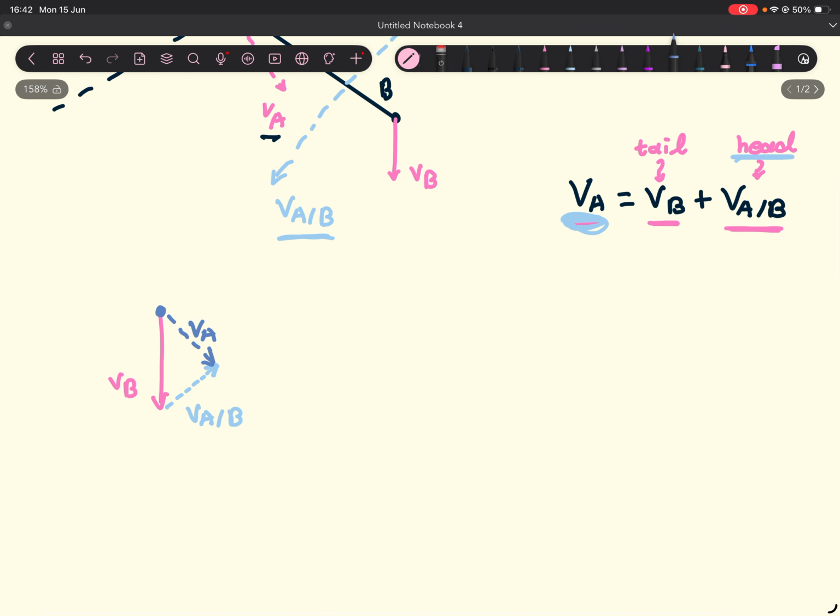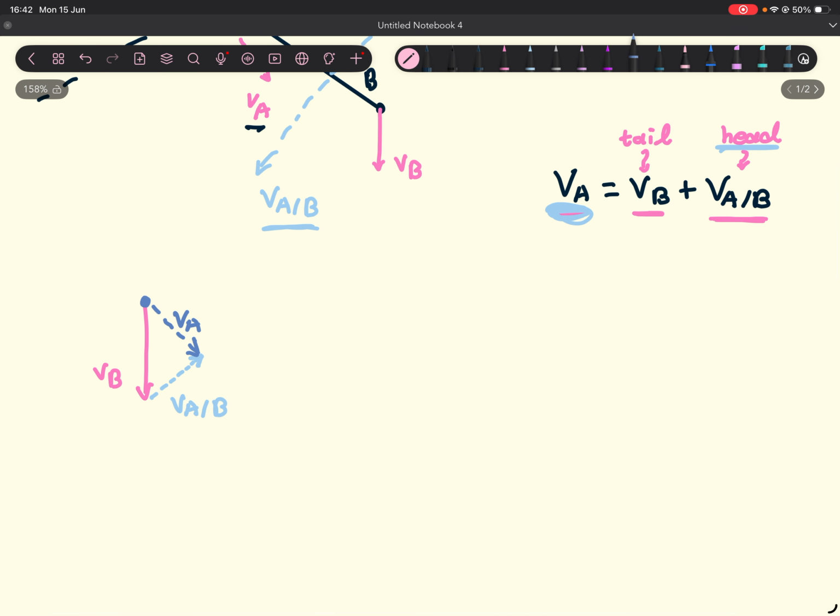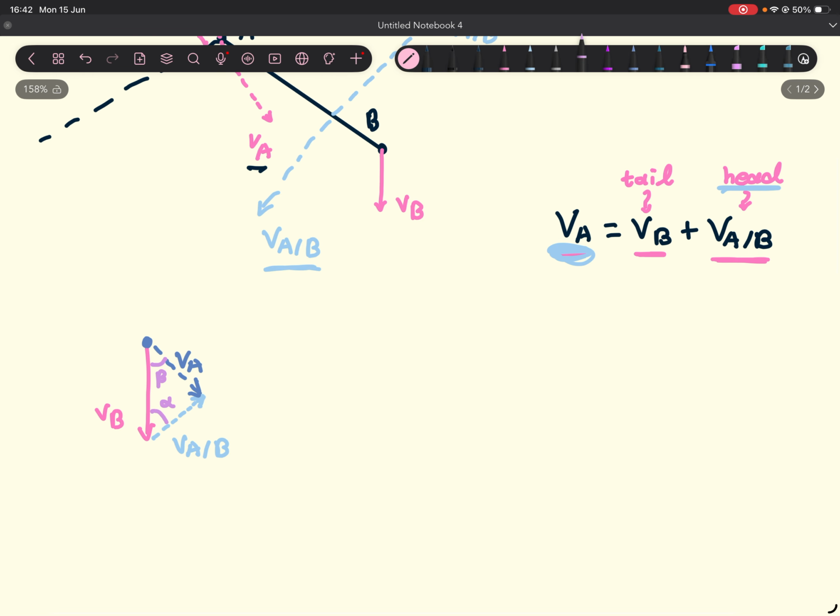Okay, so I'm first going to define angles that are made between one vector and a vector that is either vertical or horizontal. So I have a vector that's vertical, so I'm going to call this one alpha and I'm going to call this one beta. Okay, so those are my two angles that I'm going to try and look for.